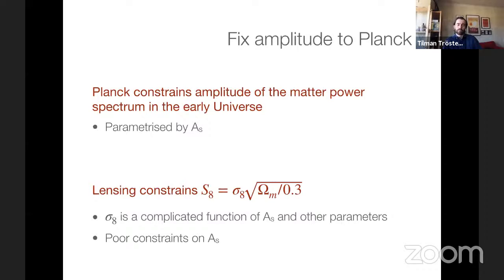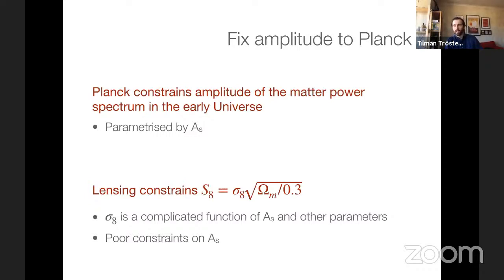So clearly that's a complicated function of the primordial amplitude of the power spectrum and a whole bunch of other parameters. So we said, considering that our constraints on A_s that we get from lensing are quite weak, let's just fix that to the best fit Planck value for A_s and see if that resolves the tension.